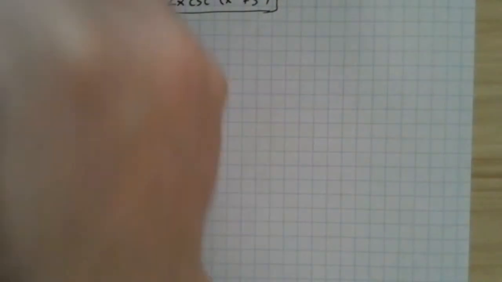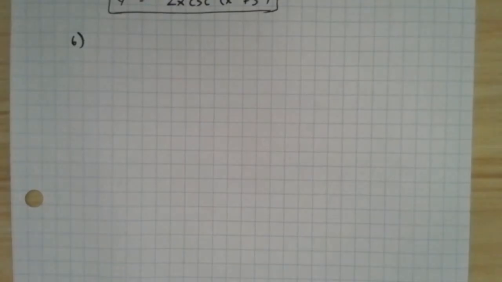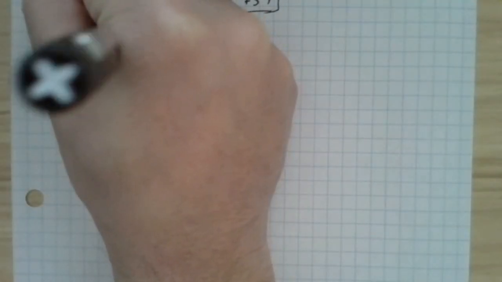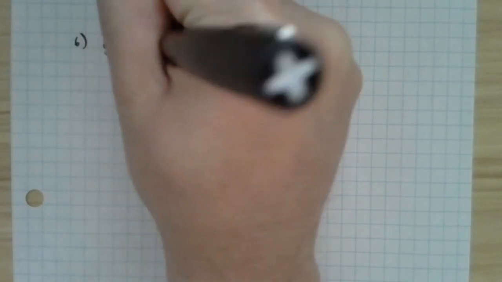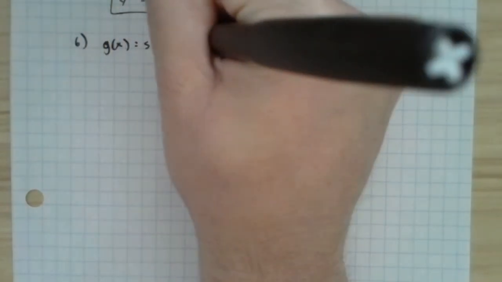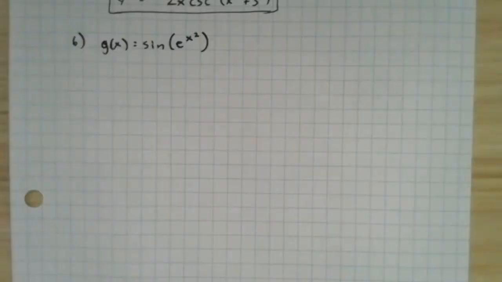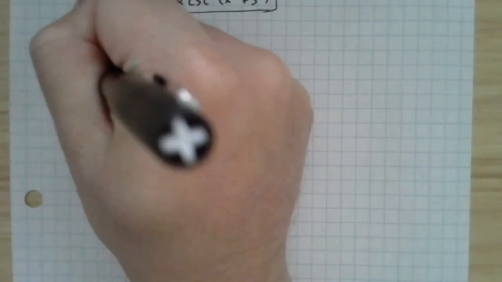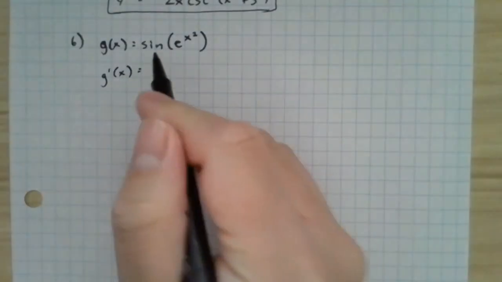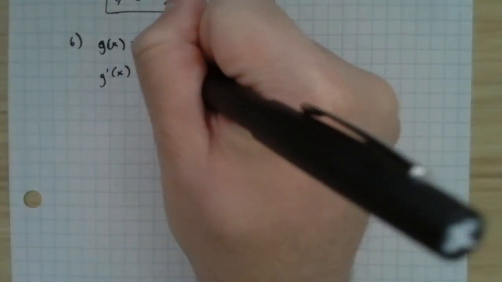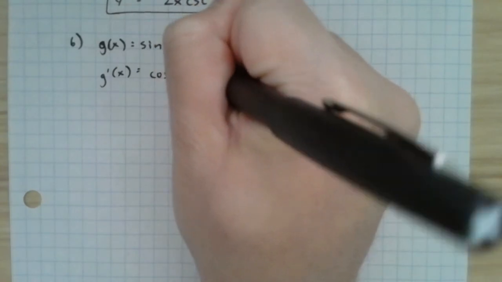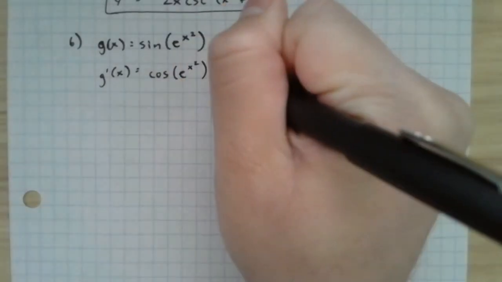Let's go with this one. So this is number 6. g of x is sine of e to the x squared. So then g prime of x is the derivative of sine, which is cosine, so cosine of e to the x squared, times the derivative of the inside there.